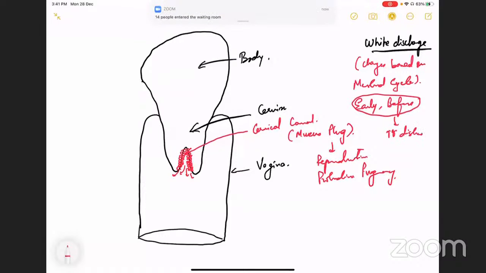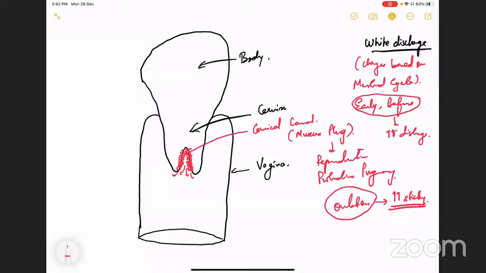One must also remember that especially during ovulation, the amount of discharge can go up and it can also become slightly sticky. This is important for people to remember.